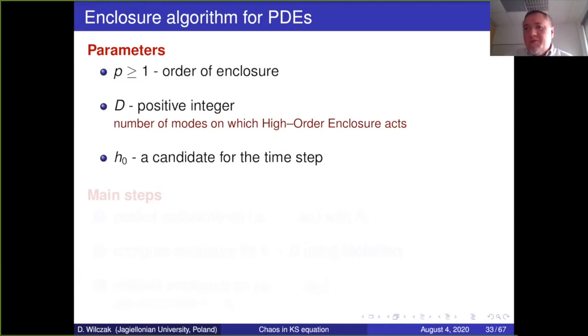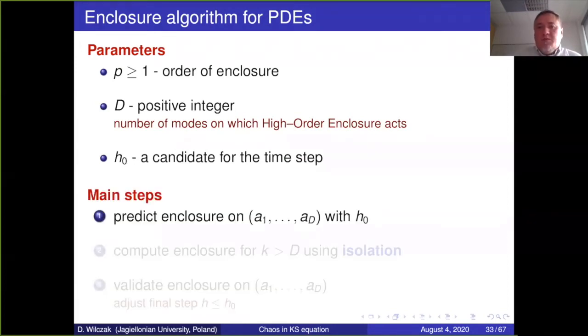But for PDEs, it is 3, 4, 5. I would like to have larger. We have also some constant d, which is a positive integer, and it stands for the number of modes in our L2 sequence on which we apply high order enclosure. And we have a candidate for time step H0.